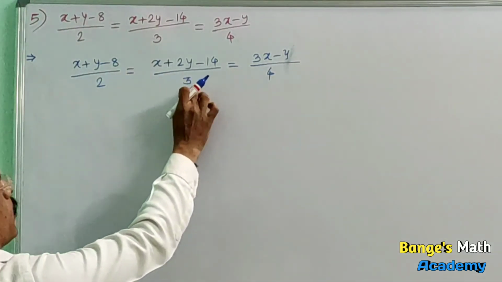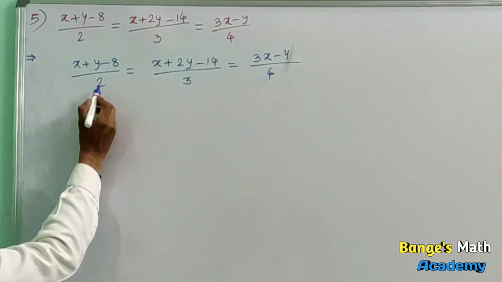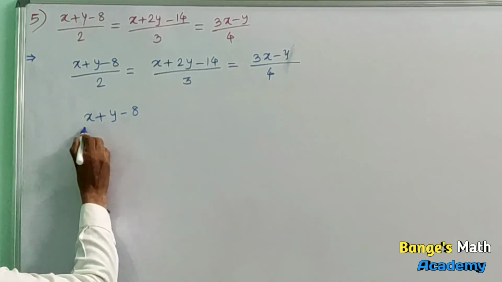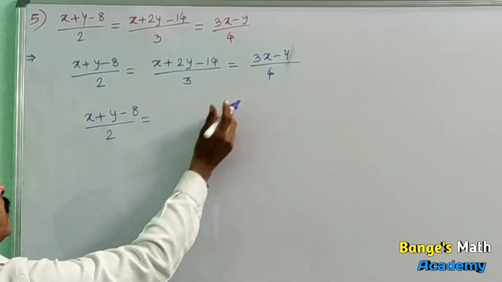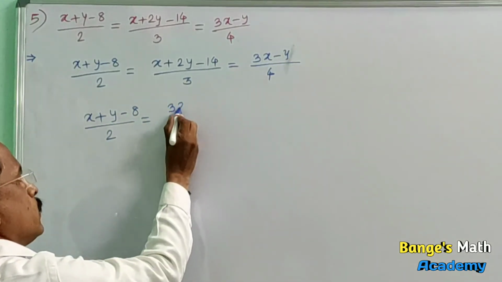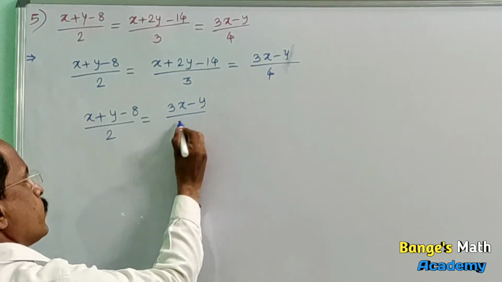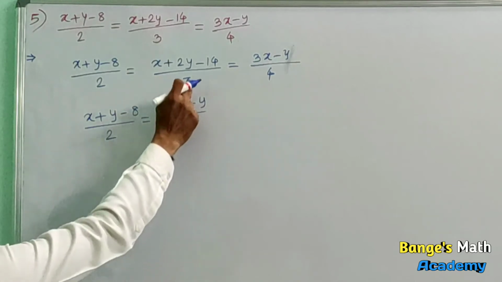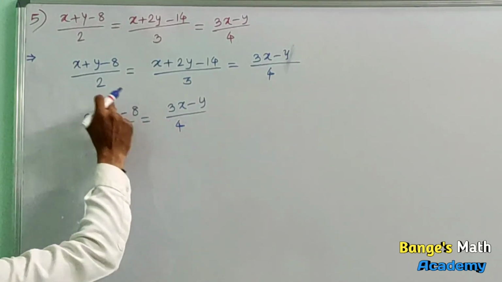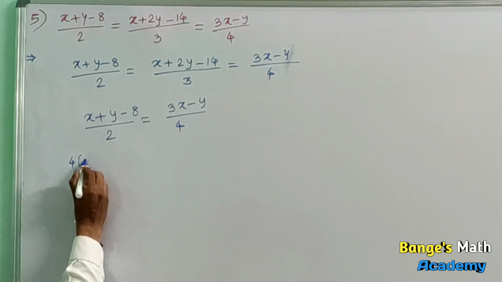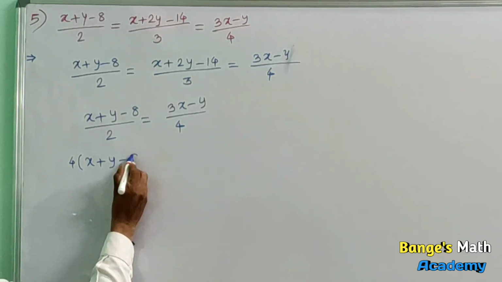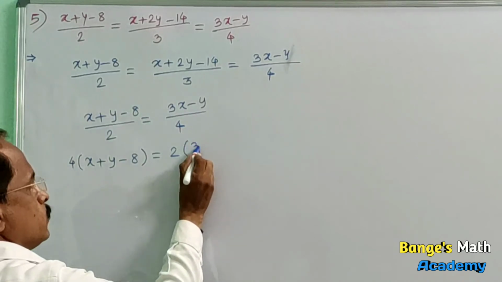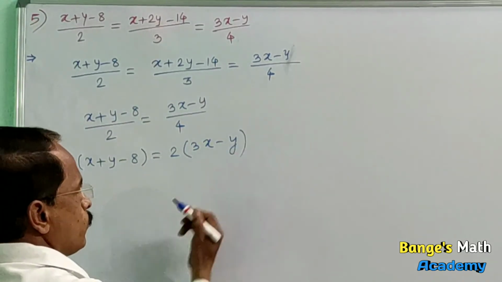So compare any two. First of all, x plus y minus 8 upon 2 is equal to 3x minus y upon 4. Then taking cross multiplication, 4 into x plus y minus 8 is equal to 2 into 3x minus y.